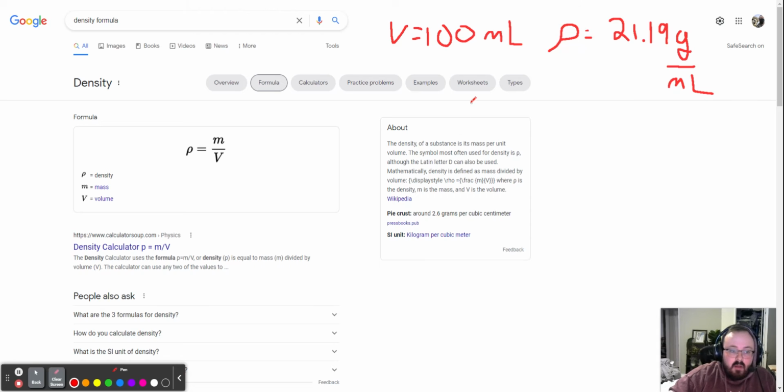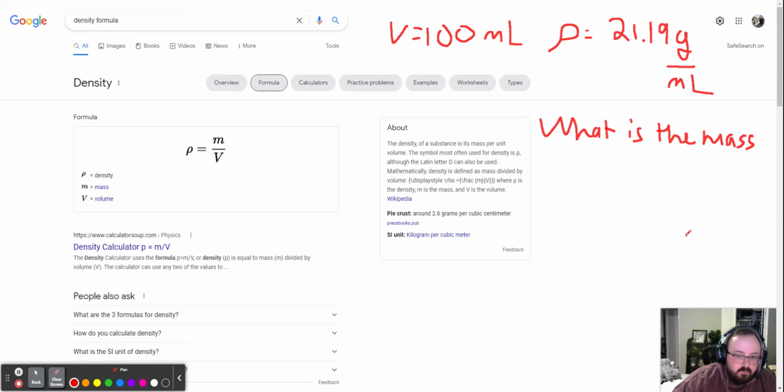And basically, the question was asking: if you have this sample, what is the mass? You'll see a question like this on our test, so that's why I really want to go over it, because I will definitely be grading it on the test.